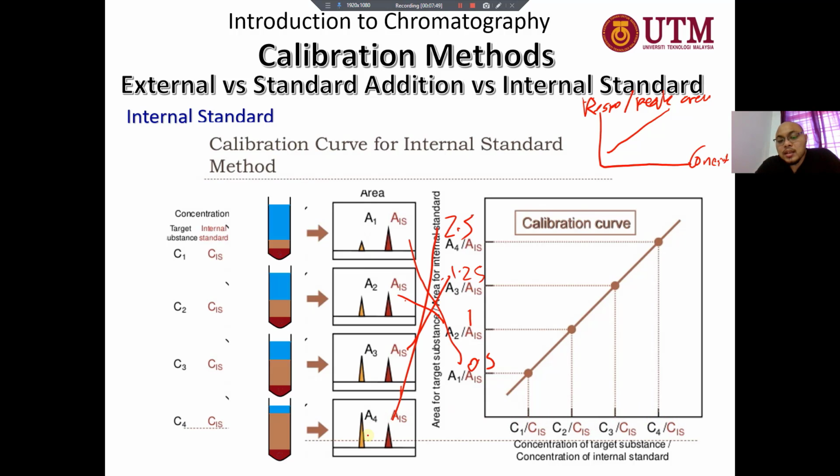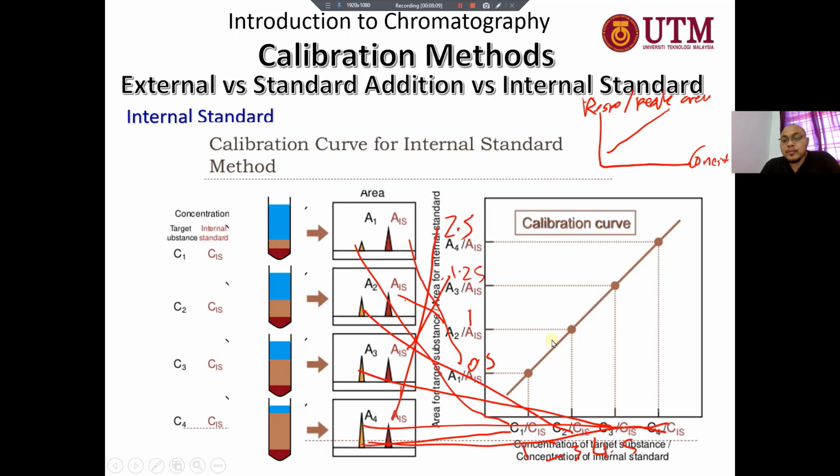For example, 1, 2, 3, 4, 5, that is the concentration. So you plot and you will get the calibration curve.